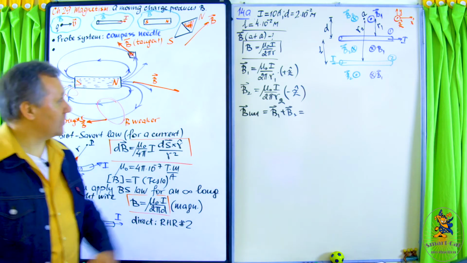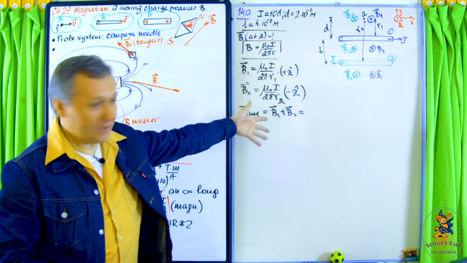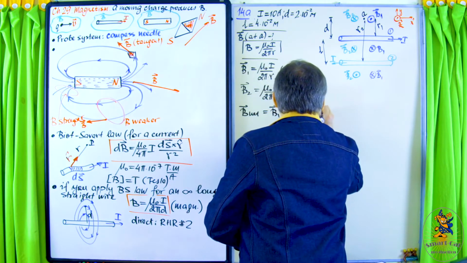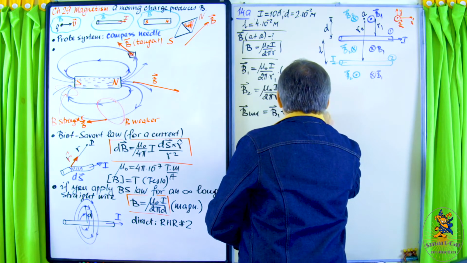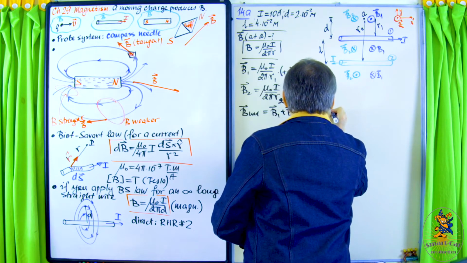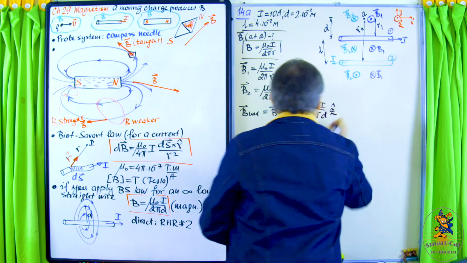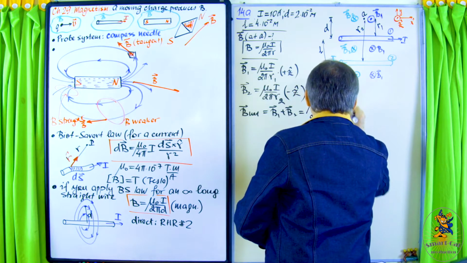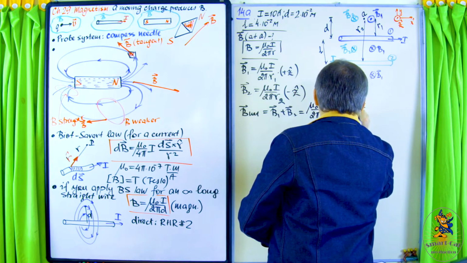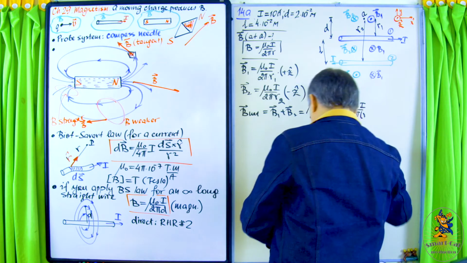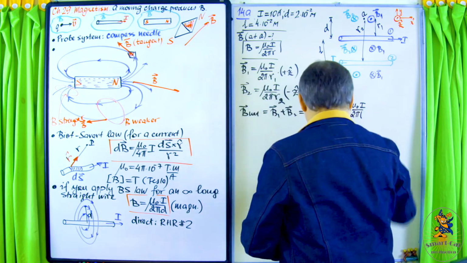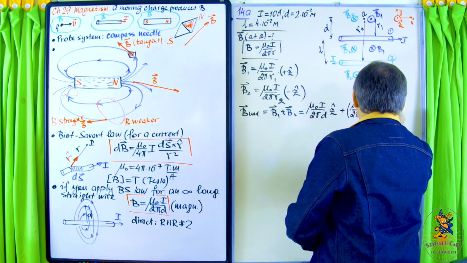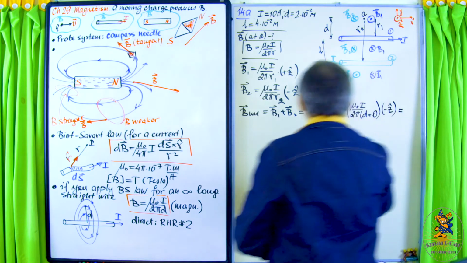Now let's write explicitly: instead of R1, it's D, and instead of R2, it's D plus L. So it will be mu naught I over 2 pi D in the z hat direction, and then plus mu naught I over 2 pi times D plus L, in the minus z hat direction.